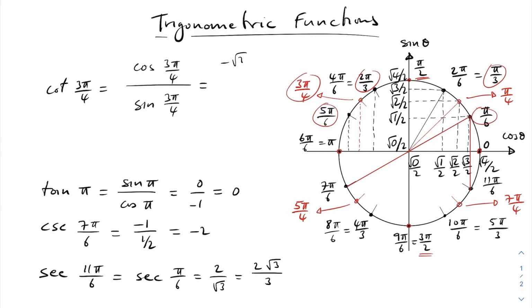So you're going to have on top negative root 2 over 2. And the sine of 3 pi over 4 is the exact same as the sine of pi over 4. And so you're going to have on the bottom here root 2 over 2. And that together should give you negative 1. And so with that, we are done.